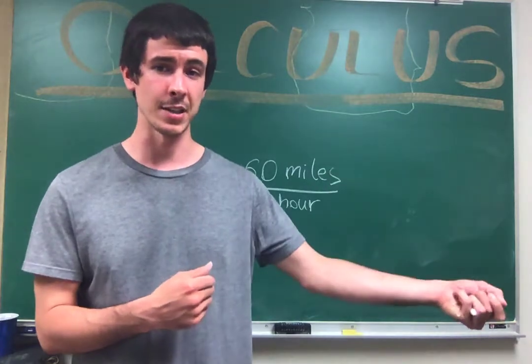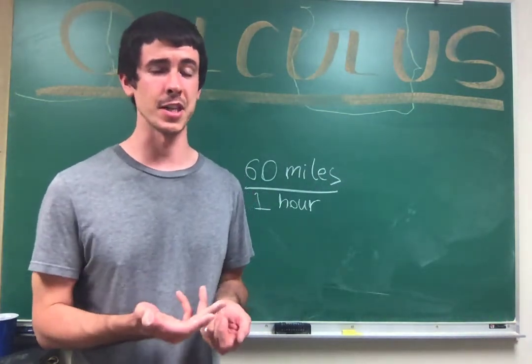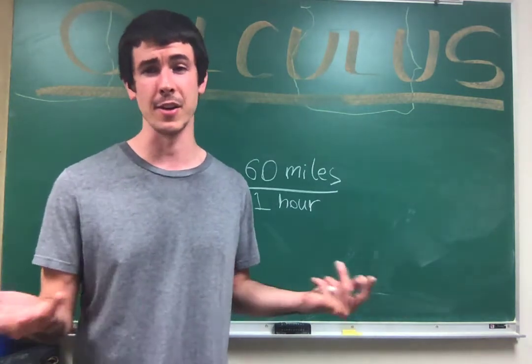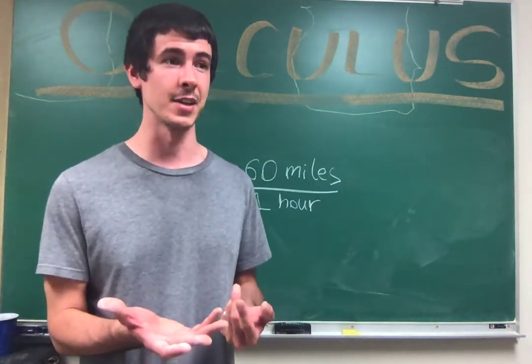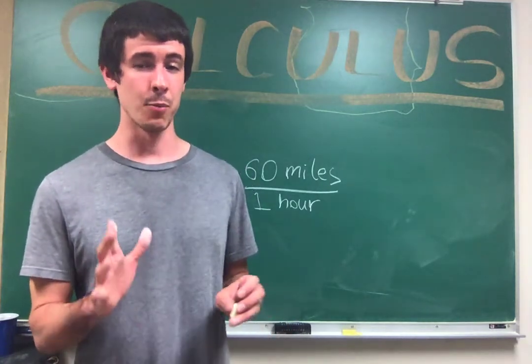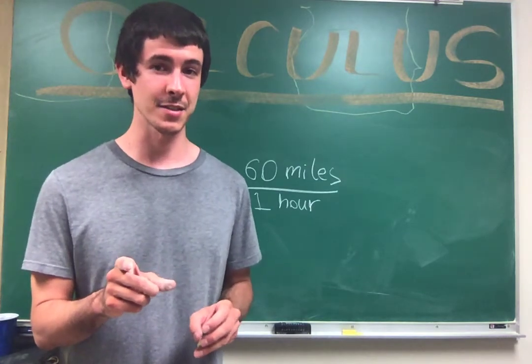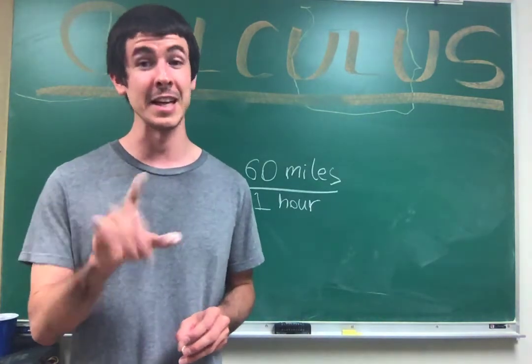You've traveled 60 miles in an hour, but you've been speeding up, slowing down the whole time. How do you give a more precise measurement of how fast you're going at a certain moment, like your speedometer? Ultimately, the concept of your speedometer is based on concepts of calculus. This is a little bit of a spoiler for what I'm going to say in the next minute or so, but that's where we're going.